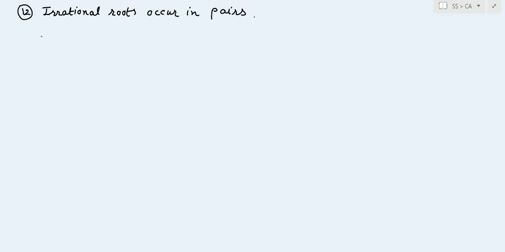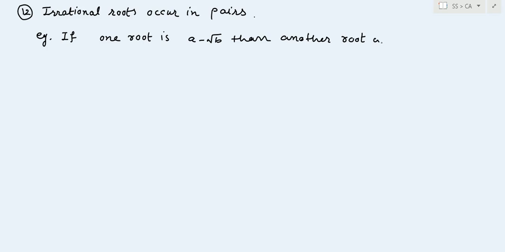Okay, for example, if one root is a minus root b, then another root will be a plus under root of b. Okay, for example, તમને આનું એક એક્ઝામ્પલ પણ લઈ લો એટલે ખ્યાલ આવે.